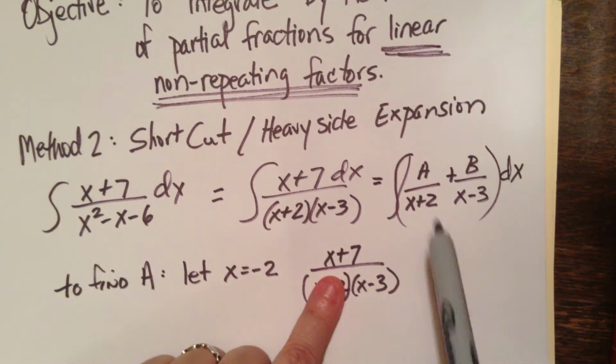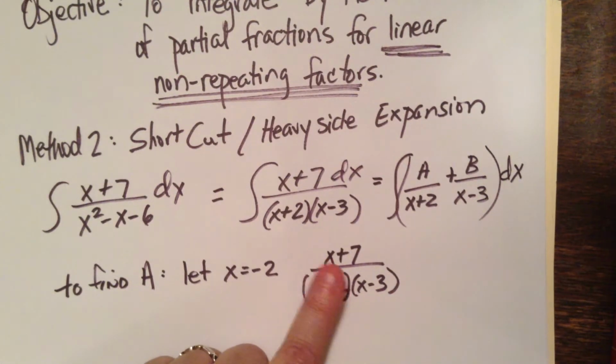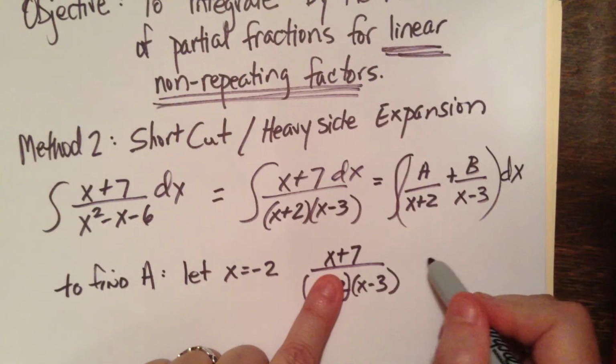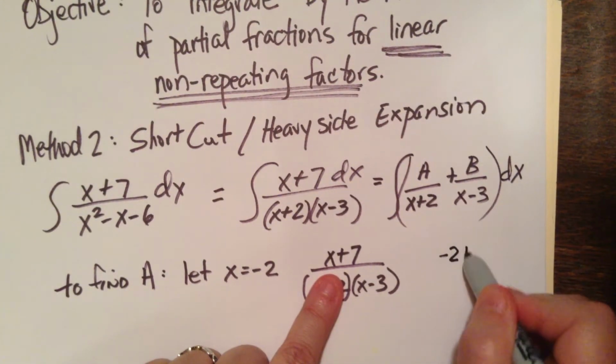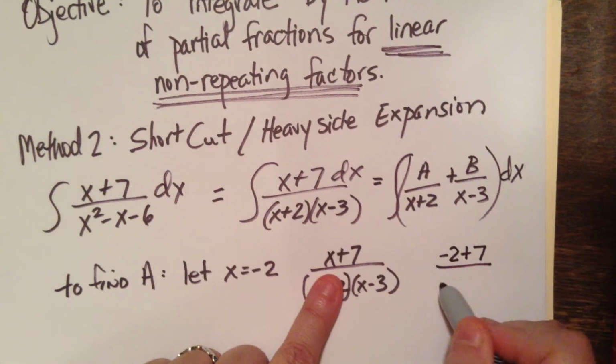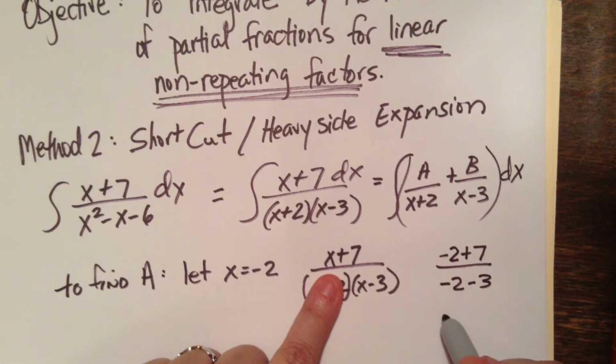That's the factor that will make x equal -2 undefined. So if I cover that up, and wherever I see x now, I put -2, I'm going to have -2 plus 7 over -2 minus 3. And what do you get here? 5 over -5. This is -1. So A should be -1.